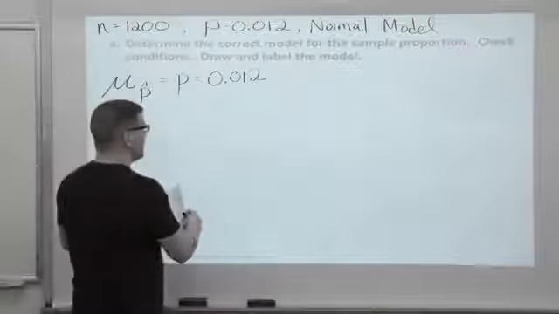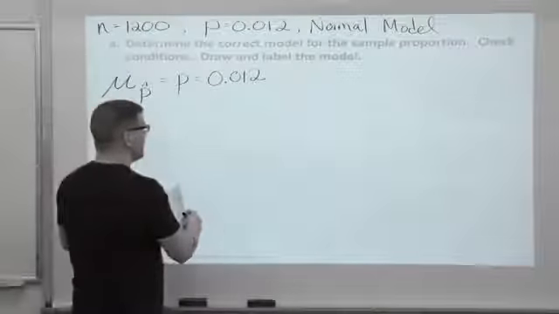To keep it clean, I'm just going to round this to 0.003. So this is about 0.003. There's many more decimals, but I got to draw this normal model and label it. So we're going to keep it like that, or it's going to get messy on the horizontal axis.